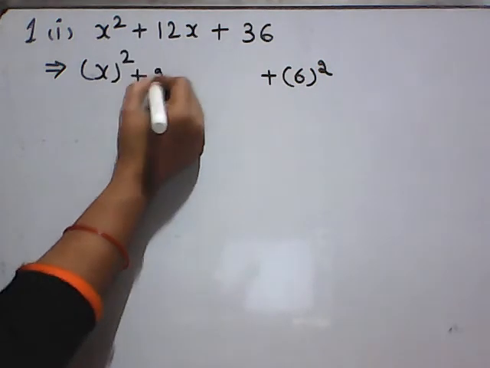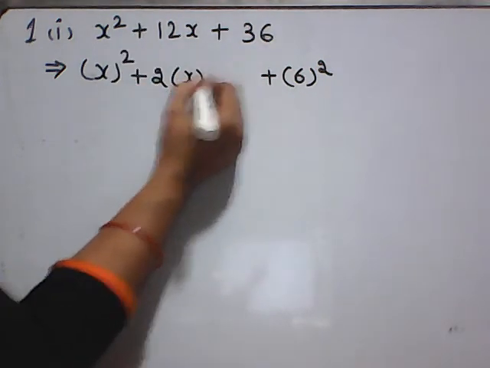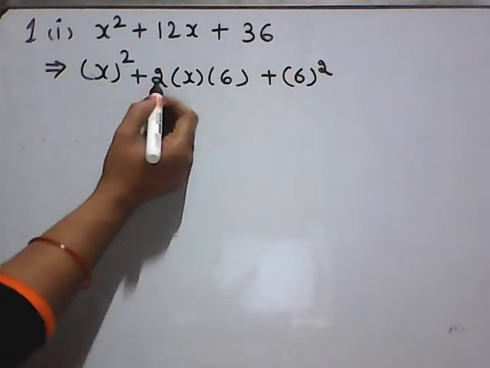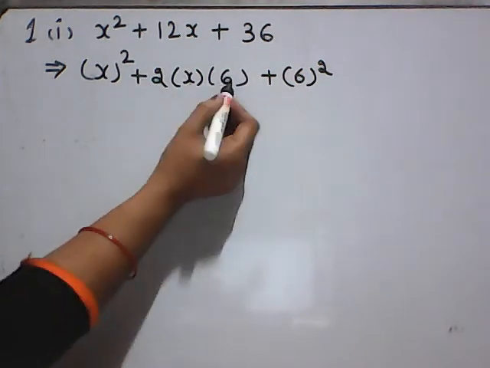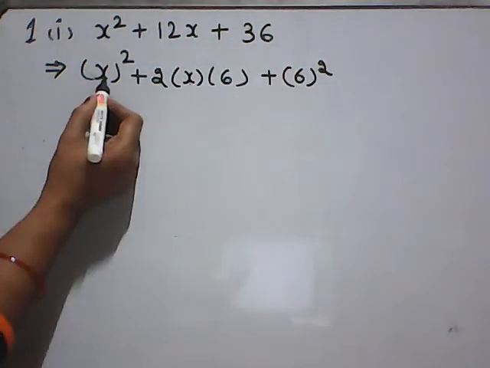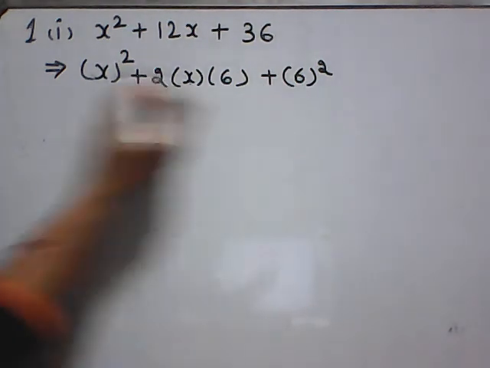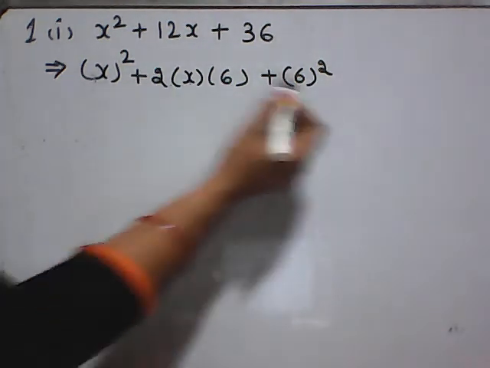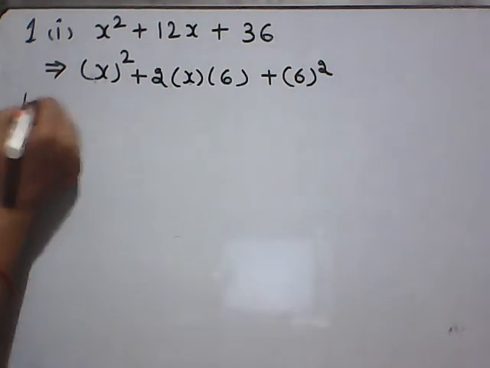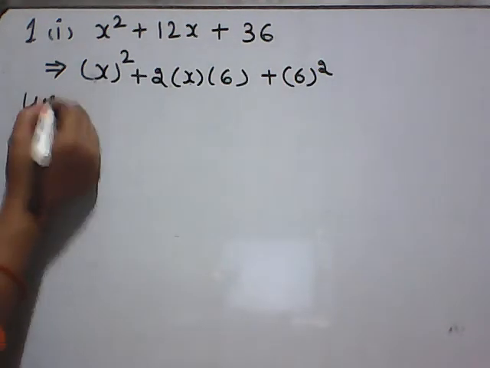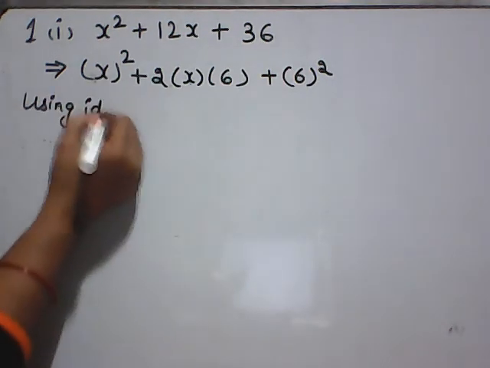So it can be written as 2ab. Now check: 2 into x into 6, 2 sixes are 12x. So it is a square plus 2ab plus b square. We can use the identities.